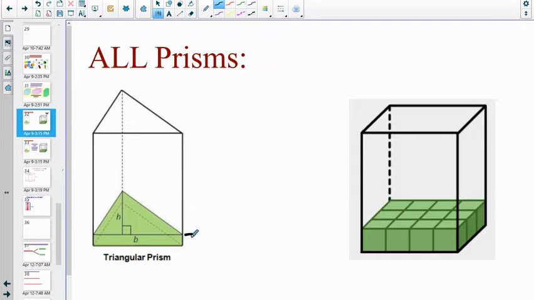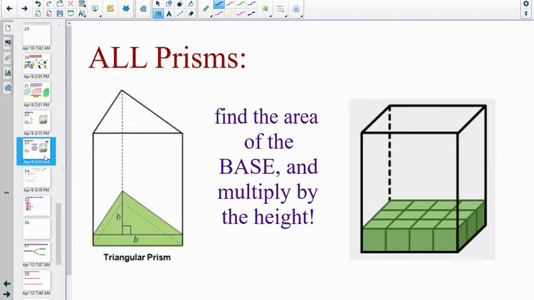So if one layer has a width of 1 centimeter, and I find that this is, let's see, if that's 1, then maybe this is about 7 centimeters. I'll find the area of the base and multiply by the height. And that's the formula. The area of the base and multiply by the height.